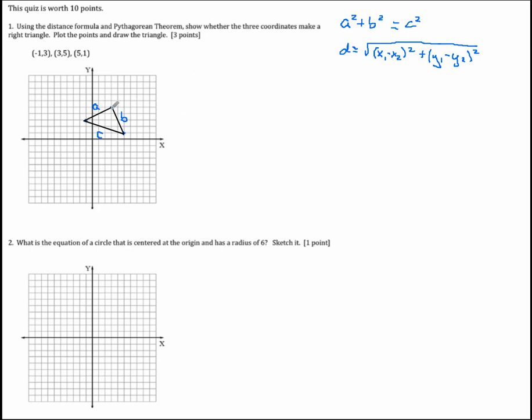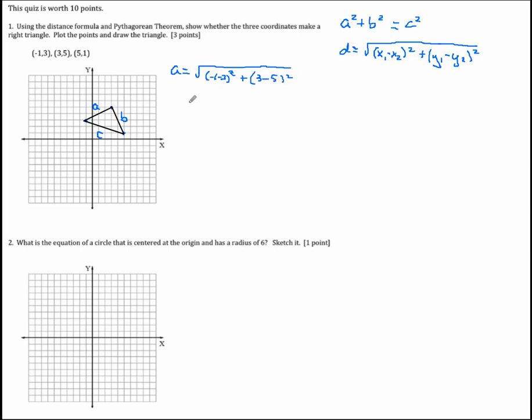So let's go right ahead and do it. We're going to find the distance of side A first. We're going to apply the distance formula, and then we will apply the Pythagorean theorem. So A would be, we're just doing plug and chug using the distance formula here. The first coordinate's x value is -1, and the second coordinate's x value is 3, squared, plus 3 minus 5 squared.